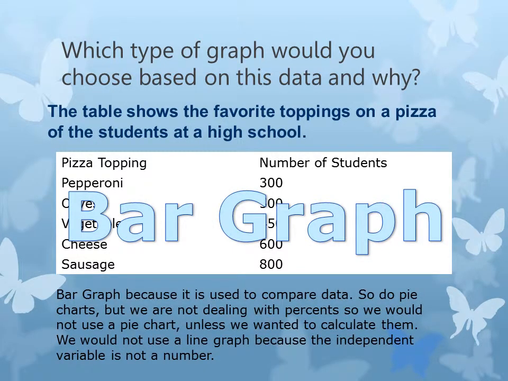And the reason why is because it's used to compare data. So pie charts are too, but we're not dealing with percent. So we could calculate a percent and we could do a pie chart. But if we want to use the data as is, we would do a bar graph. We're not using a line graph here because we're not seeing a relationship between the two variables. We just want to see how many kids like pepperoni, how many like cheese, how many like sausage.